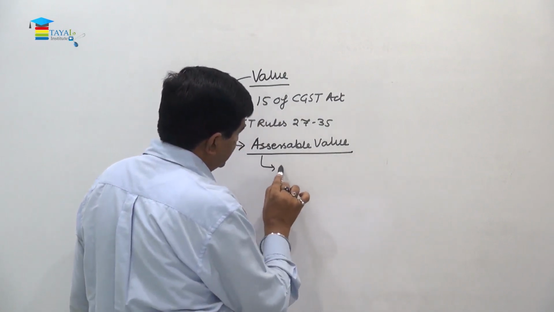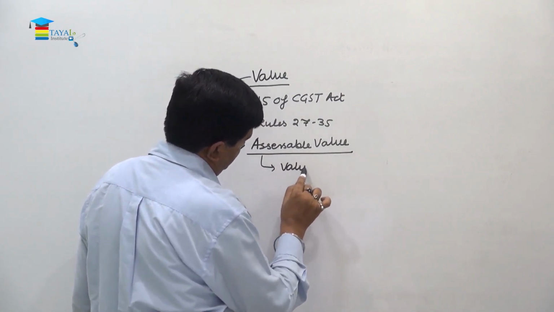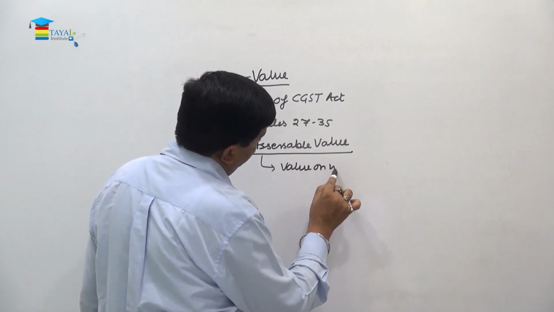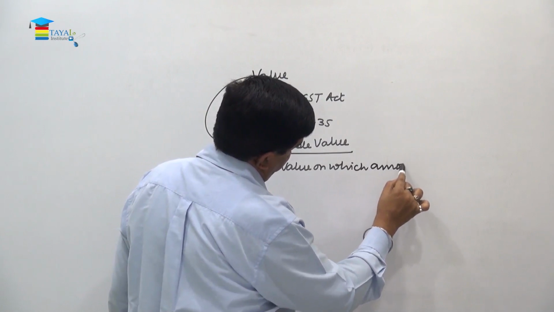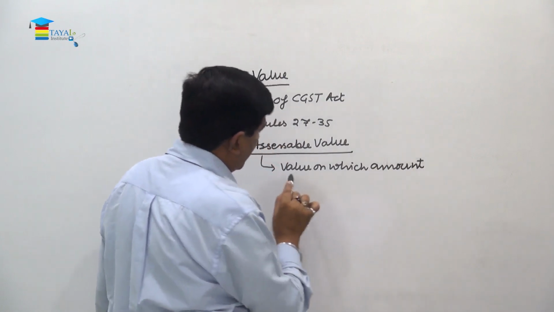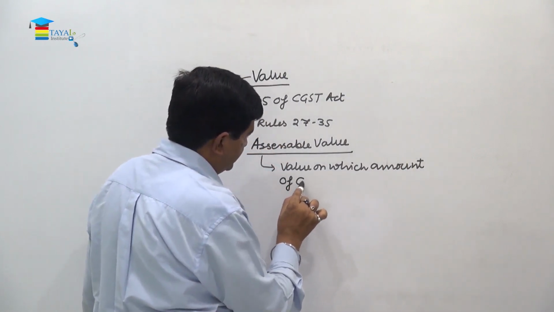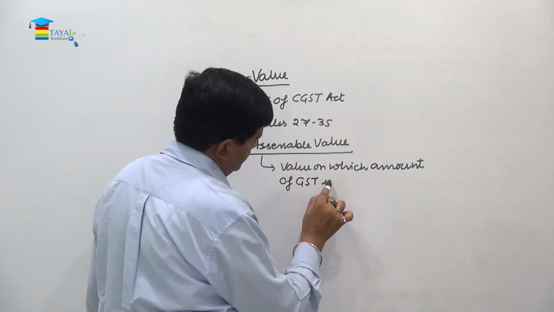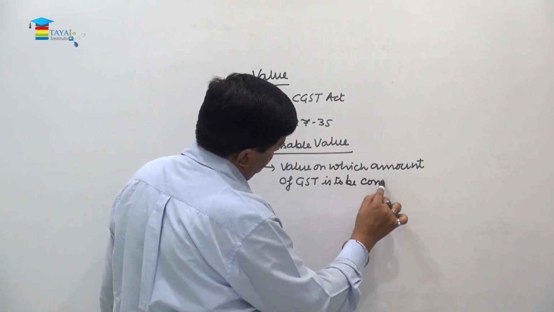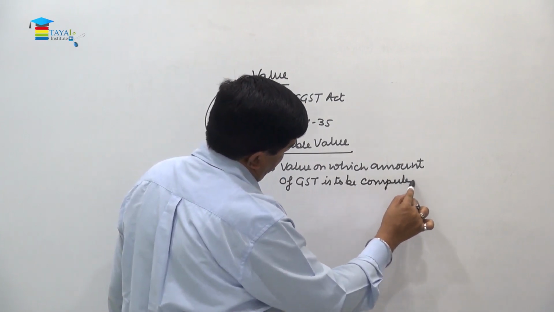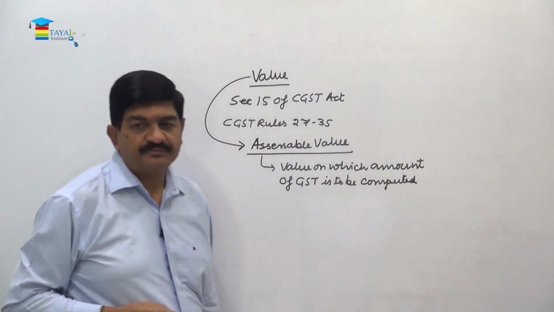Assessable value means value on which amount of GST is to be computed.